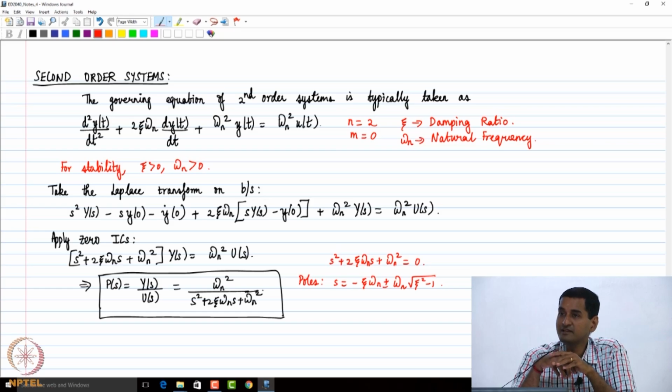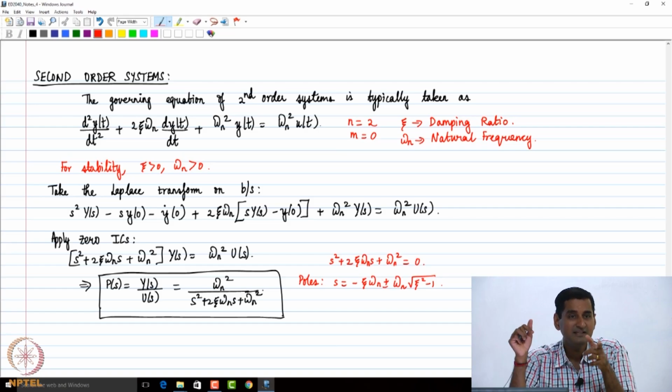Immediately we can observe that the nature of the poles depends on the value of zeta. If zeta is between 0 and 1, zeta squared minus 1 is negative, so the term inside the square root is a negative number and the poles become complex conjugates.